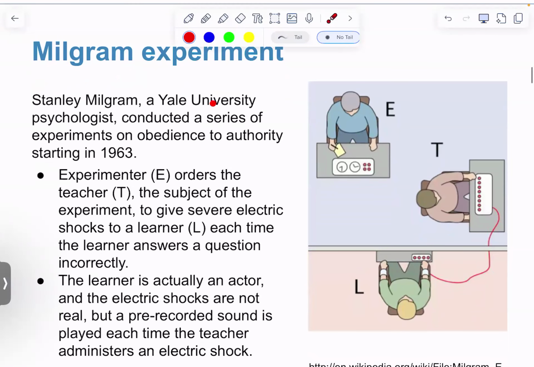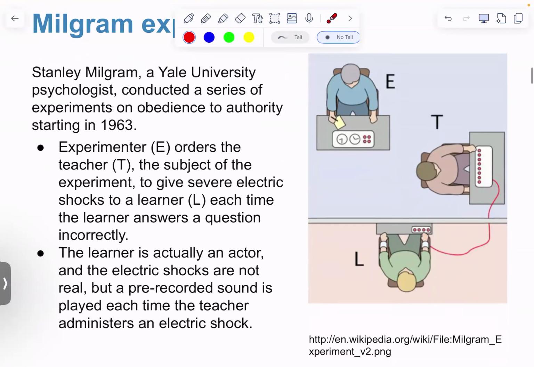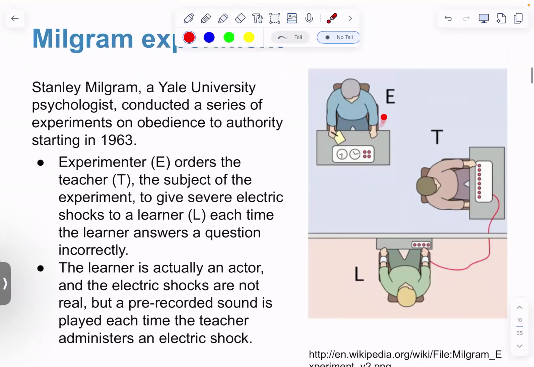Stanley Milgram, a Yale University psychologist, conducted a series of experiments on obedience to authority starting in 1963. An experimenter, this little guy here, orders the teacher, me I guess, the subject of the experiment, to give severe electric shocks to the learner each time the learner answers a question incorrectly.